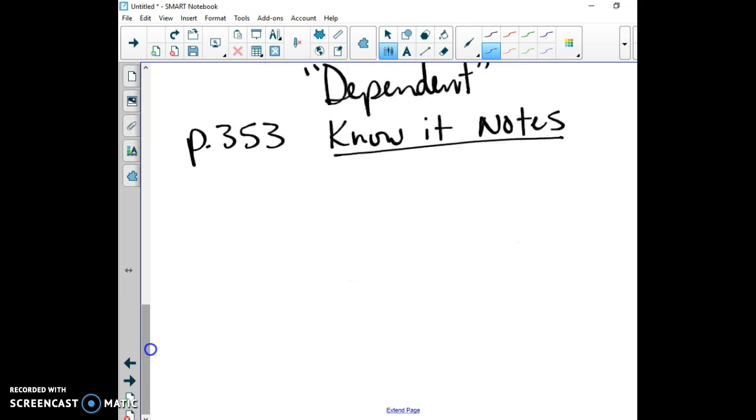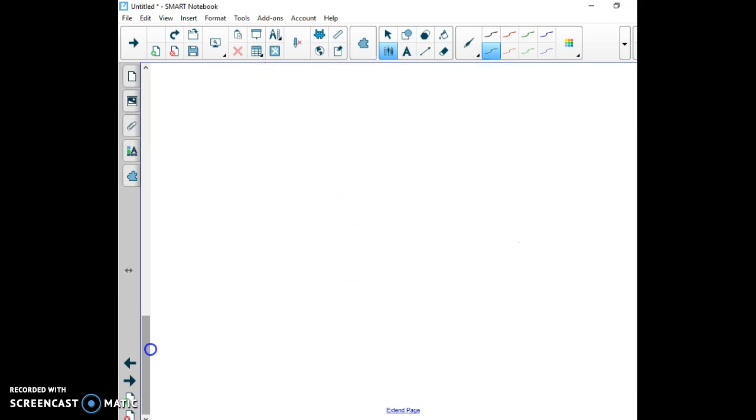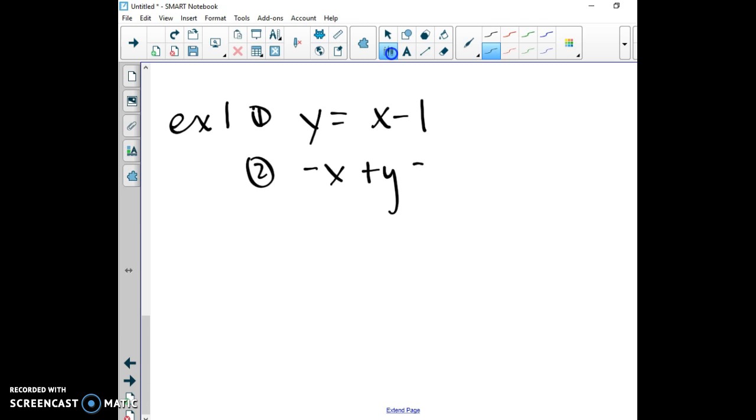Well, what's going to happen when we see a system of equations and we're asked to solve it? I'm going to look at example 1, and it says we have the line y equals x minus 1, and we have the second line. It is negative x plus y equals 2. Well, what we want to do in the easiest case, the first thing we want to do is compare y-intercepts and slopes.